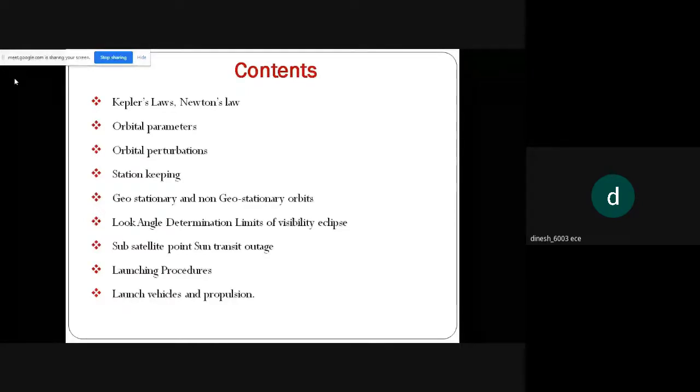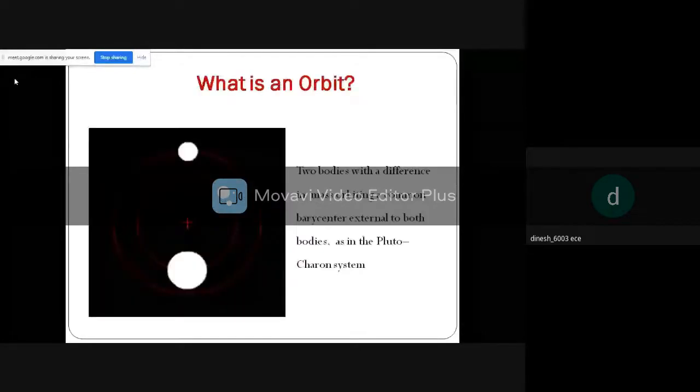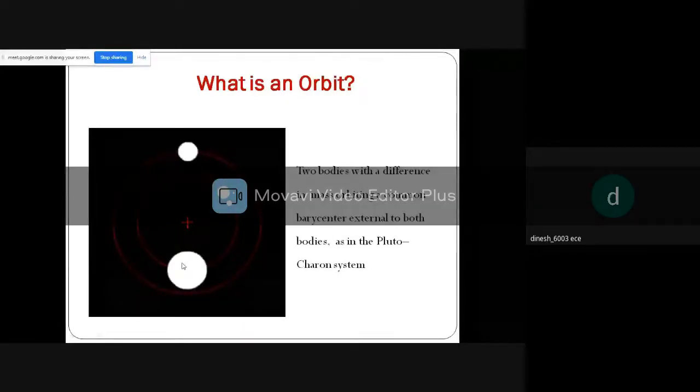So first let us see what is an orbit. As you all are familiar with the orbital structures of space and earth, assume that one body has a higher mass and the other is having a lower mass.